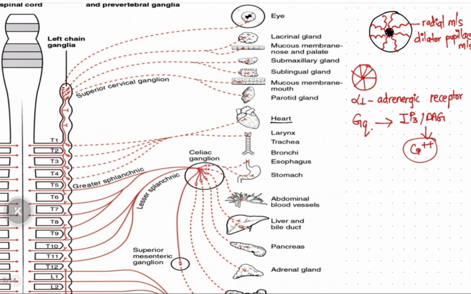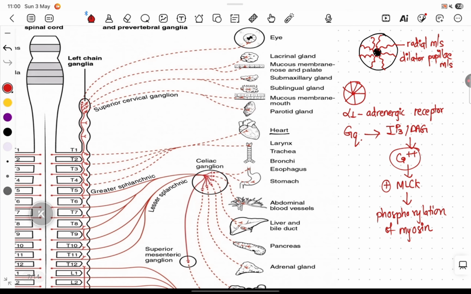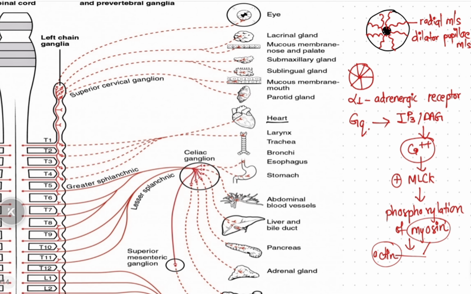When the calcium is increased, it increases the activity of MLC kinase enzyme. When MLC kinase is activated more, it helps in the phosphorylation of myosin, and myosin needs to be phosphorylated for the interaction with actin. When actin and myosin interact, there is a formation of a slide which eventually helps in the contraction.